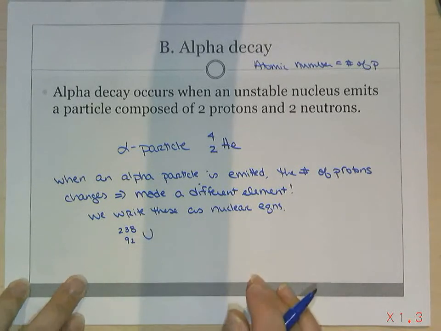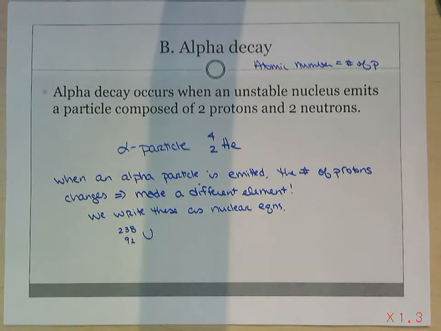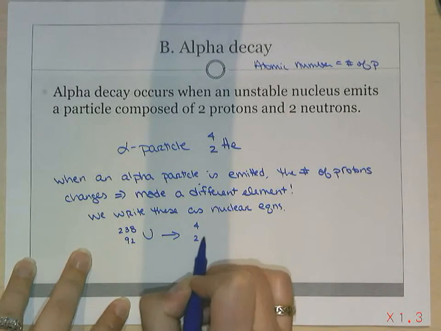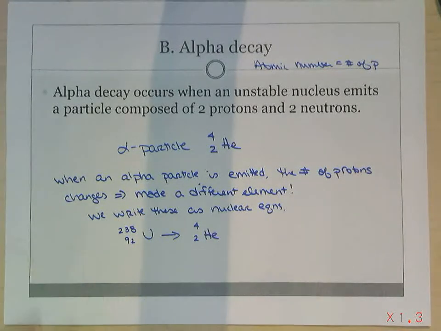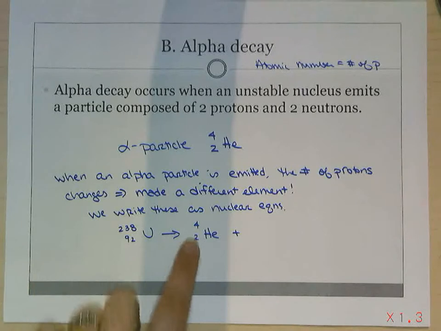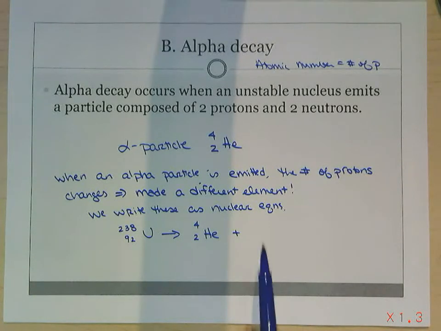So here I have uranium-238. And if it emits 1 helium, what has happened to the mass number? What will have to be the mass number of my product over here? 234.